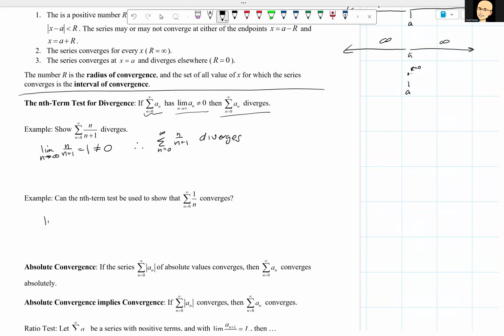So even though the limit as n approaches infinity of 1 over n is equal to 0, this does not prove convergence. All right, that's that. Nothing more to be said. Can't use the nth term test to show convergence.